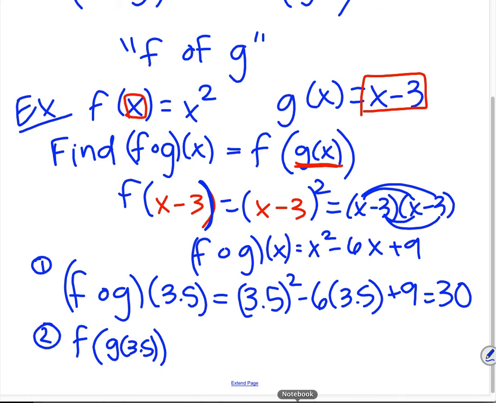Option 2 would be to find f of g of 3.5. So figure out what g of 3.5 is, and 3.5 minus 3 would be 0.5. And then find f of 0.5.